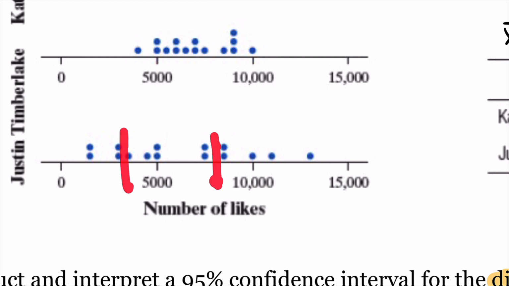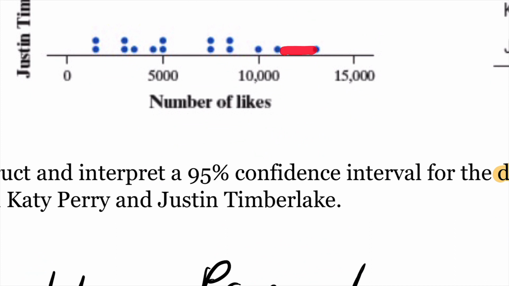From 3,000 to 7,000, that's 4,000, right? So in order for something to be considered an outlier, it would have to be 1.5 IQRs. So that's 4,000 times 1.5. You're talking 6,000. So this dot over here would have to be that far away from that. And that's not enough. There is definitely some room there, right?